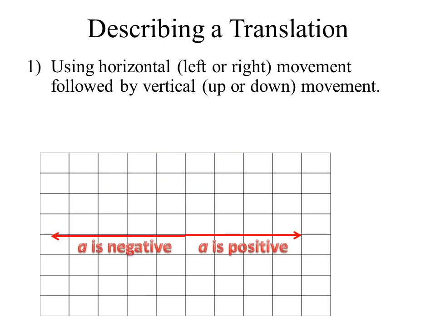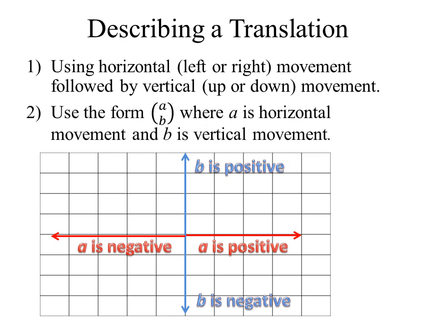Left or right, the horizontal movement, we're going to describe as negative if it moves left and positive if it moves right. We're going to follow this by vertical movement. If the point moves up, it is positive. If it moves down, it is negative, okay?